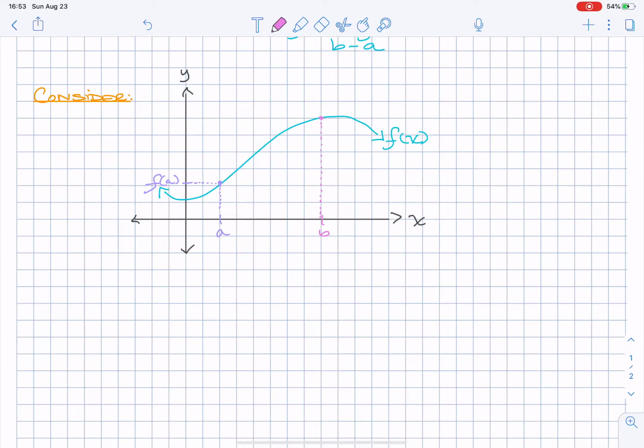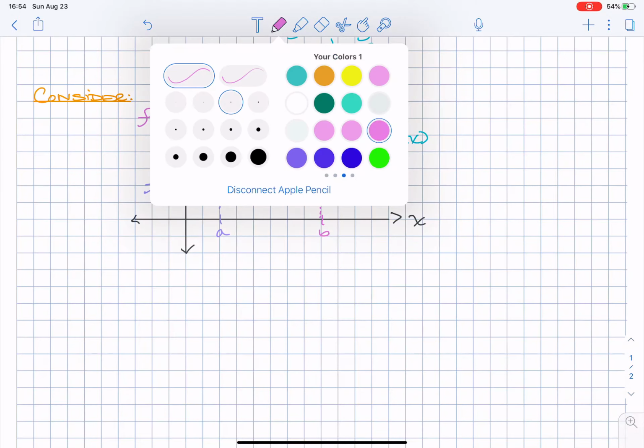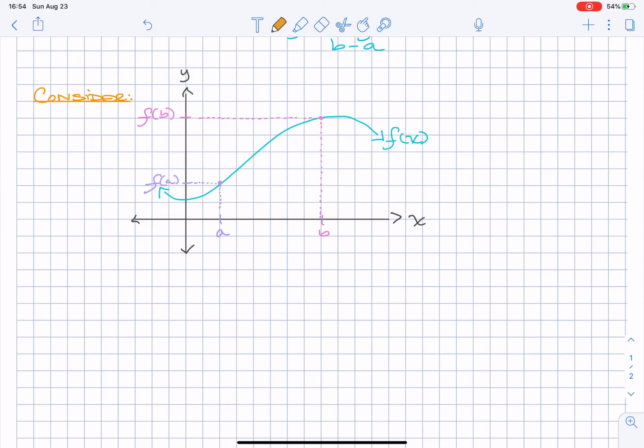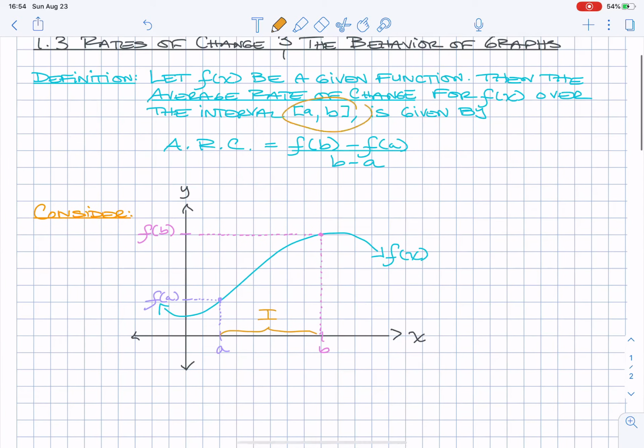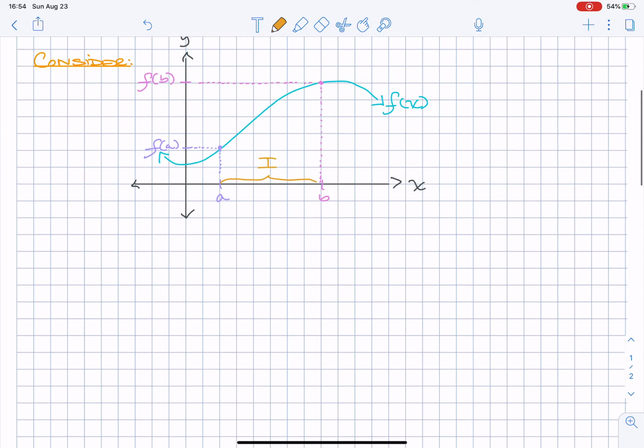So the corresponding value for y on the graph at that point would be f at B, the value for y. So the interval I is between A and B. That's our A and B interval right there.